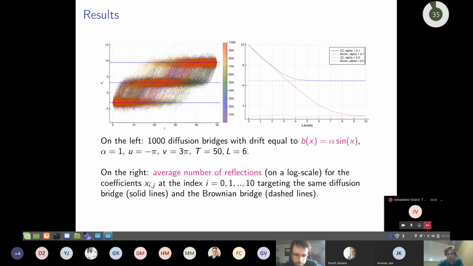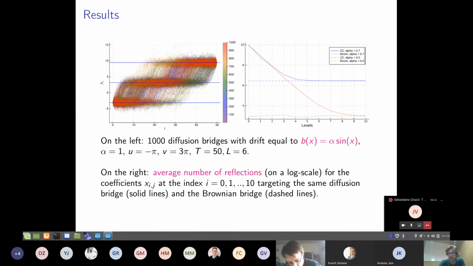The only multimodal example we actually considered is the diffusion bridge, and in the coefficient space it is very multimodal. Of course, the multimodality is not in all coefficients, only in some of them, because in the limit the coefficients should be independent Gaussian random variables.